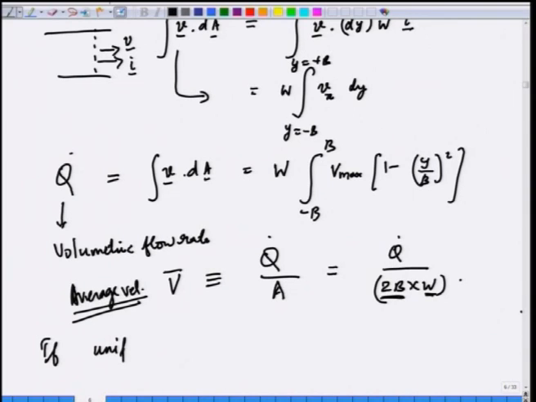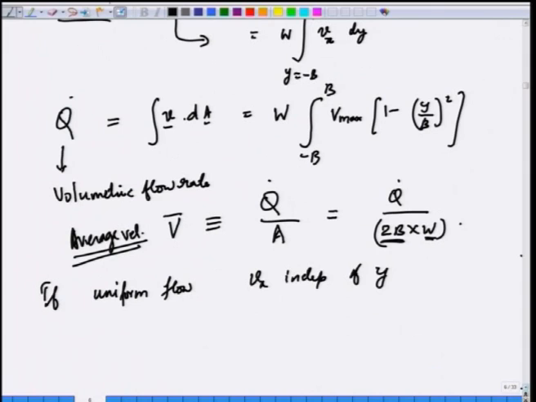Suppose the flow is uniform. Then V x is independent of y, the normal coordinate. So the integral of V dot dA will be some constant u times the area. Let us just do it.